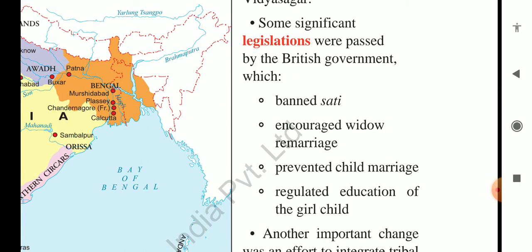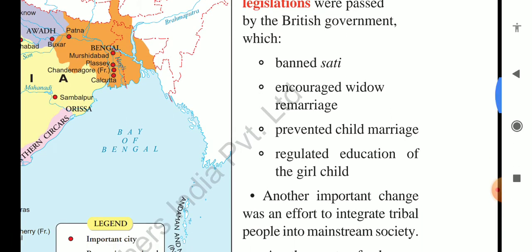So some laws were passed that banned sati, as we discussed earlier. What is the meaning of sati? Sati was practiced very widely, and in some areas, if sati was not practiced, the life of a woman whose husband had died was so miserable that she started thinking it would have been better if she had died after her husband.